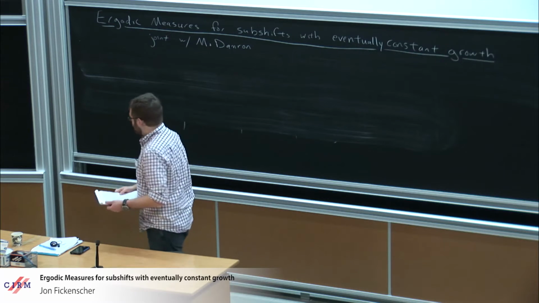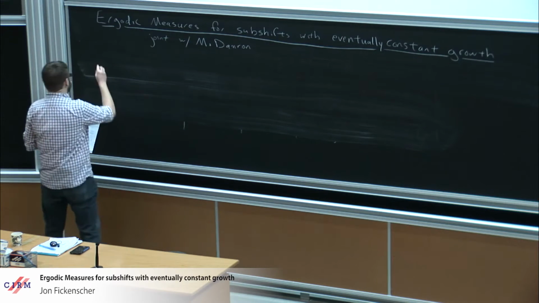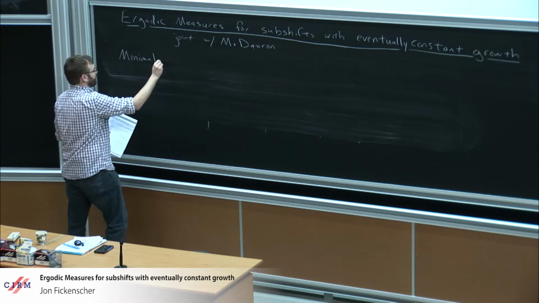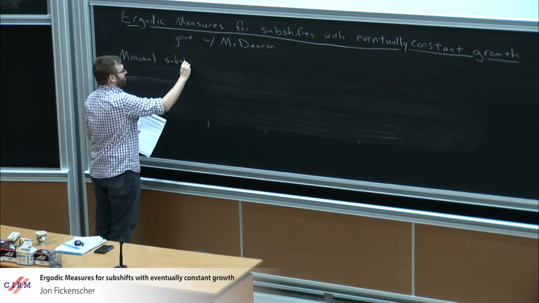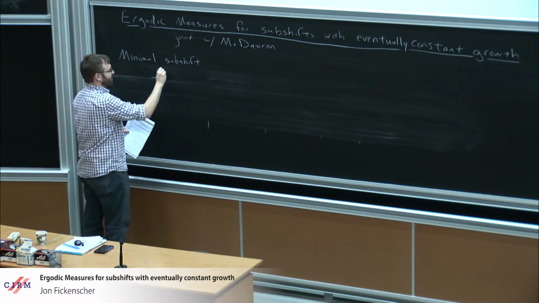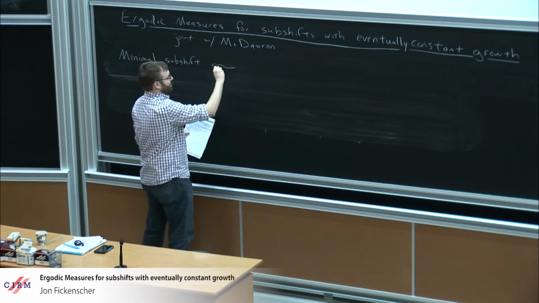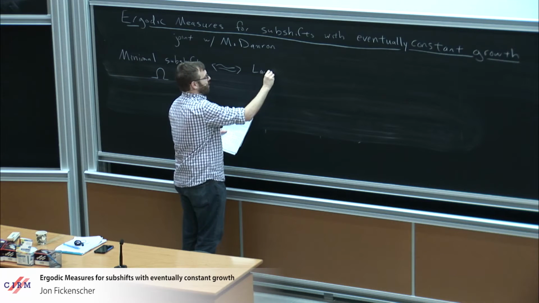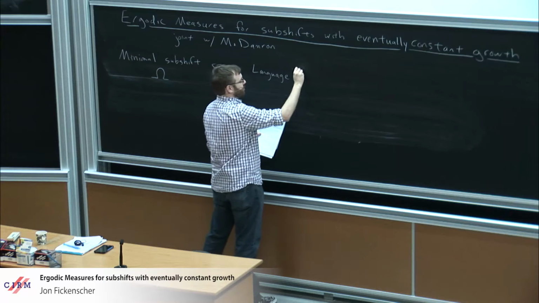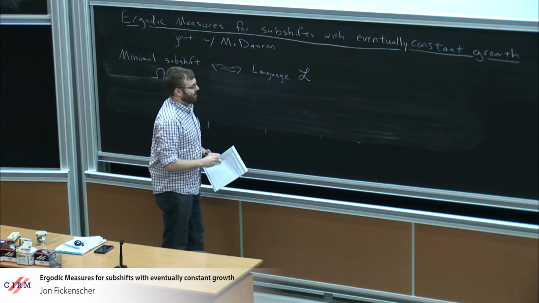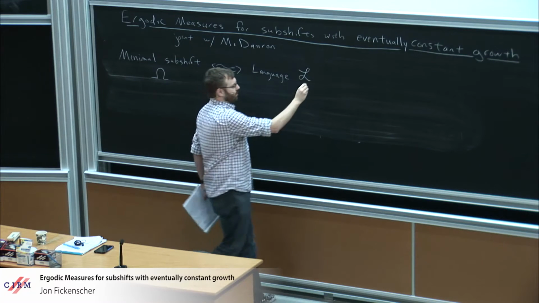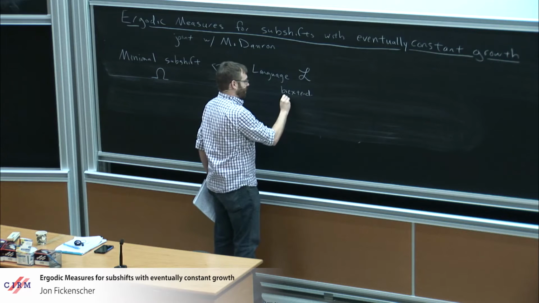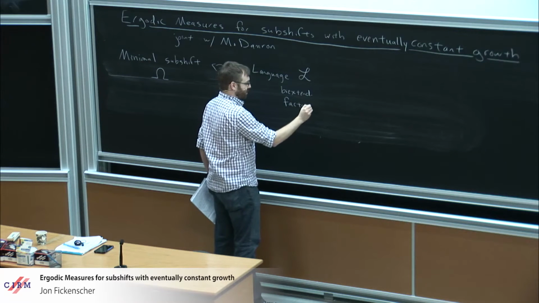So the context of our problem for subshifts is that we will always be considering a minimal subshift omega, which in terms of the language, which I denote with the script L, means that the language is bi-extendable, closed under factors, or subwords.